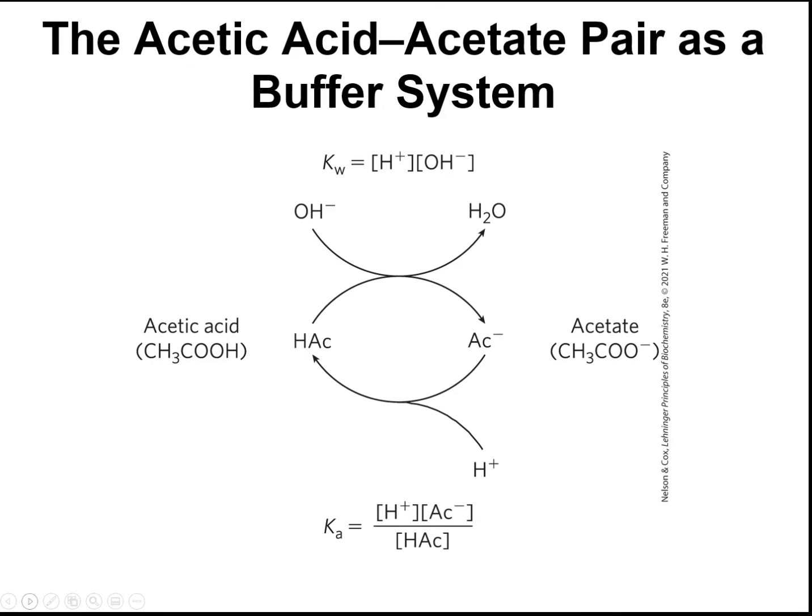So this graphic just shows kind of how a buffering system works. You've got acetic acid, you've got some extra acetate added as well. If you add in some base, then that base is going to pick up a hydrogen from the acetic acid and you make water.